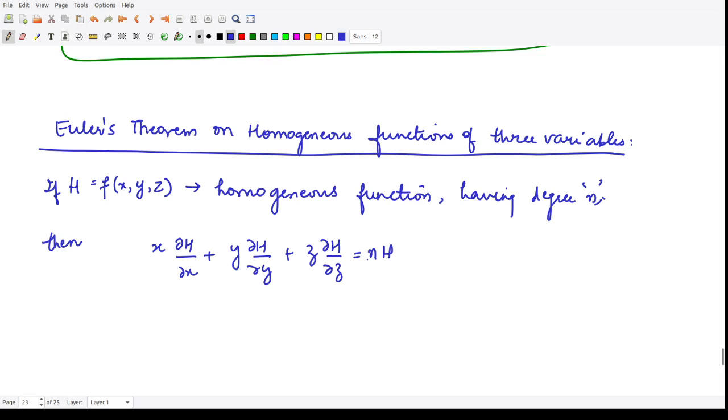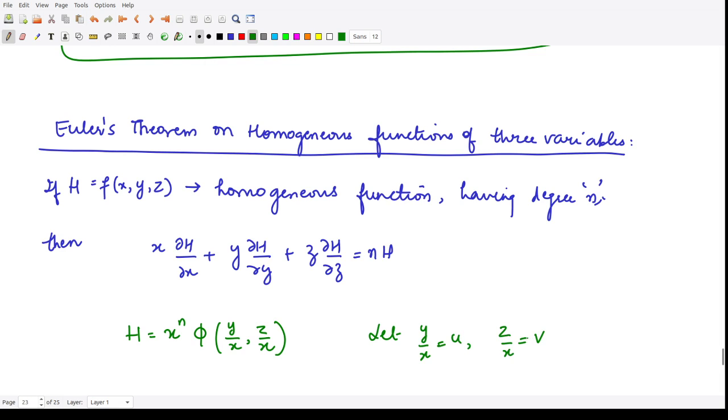You could try the proof for this one. This is an exercise for you. How could you write your h? Your h could be written in this form: x to the power n phi of y by x and z by x, because this is a homogeneous function. So now you could let y by x equal u and z by x equal v.